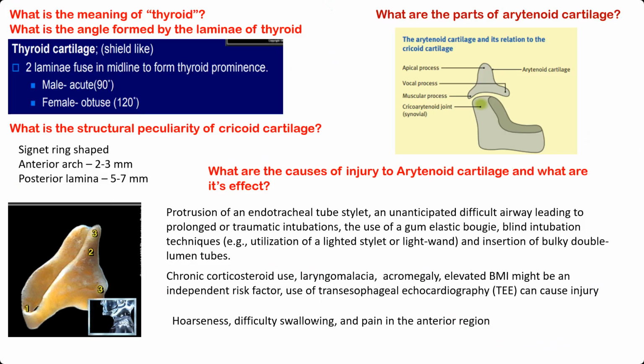So whenever a patient complains of persistent pain after intubation, in the post-operative period for 2-3 days, don't ignore it. Always have a look at the arytenoid cartilage by indirect laryngoscopy using the mirror, then you can see the improper movement of the arytenoid cartilage.